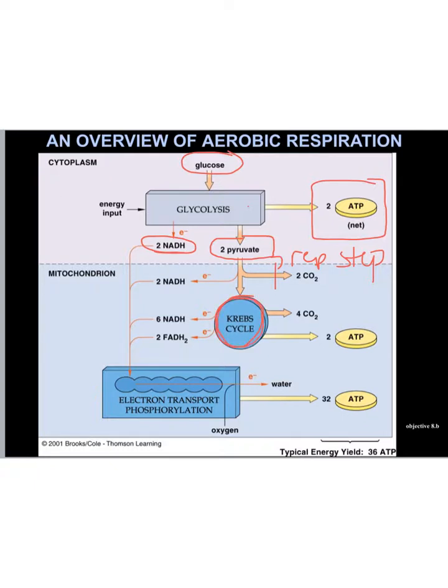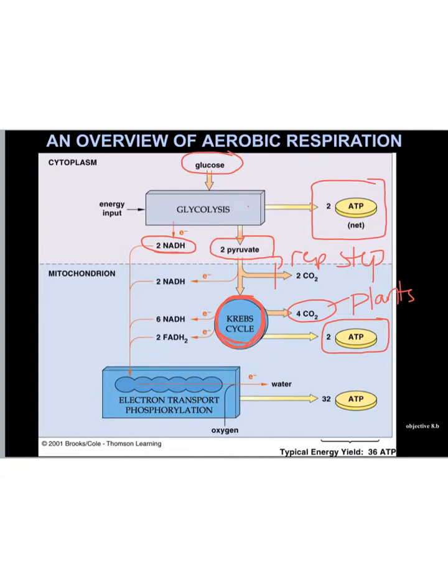So this is a cyclical metabolic pathway in the cell that is responsible for making some energy for us. So you can see we get 2 more ATP here out of the Krebs cycle. We also give off some CO2. Remember, plants are going to use that to carry out their photosynthesis. So they're going to take up that CO2.